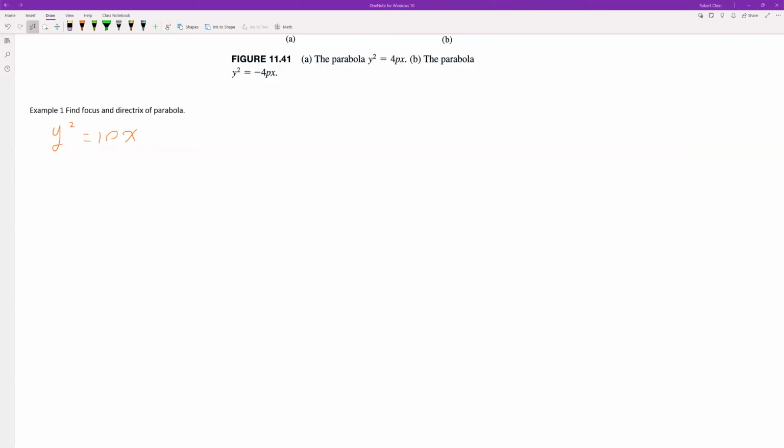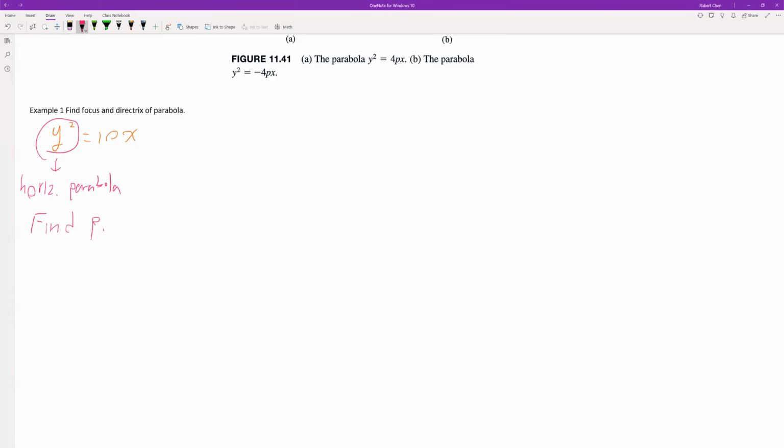All right, let's look at our first example. The first thing is we want to determine which type of parabola this is. Is it horizontal or is it vertical? All right, so we see y squared, which is going to denote that this is a horizontal parabola. Okay, and to determine whether it opens to the left or right, we need to find p.